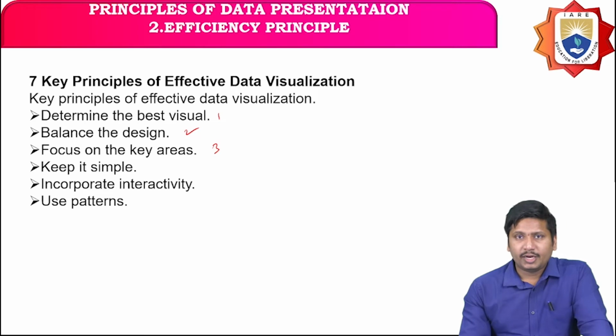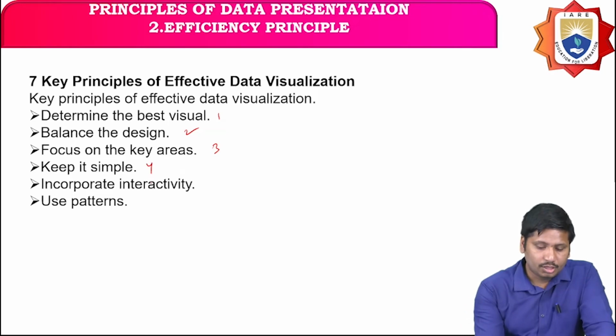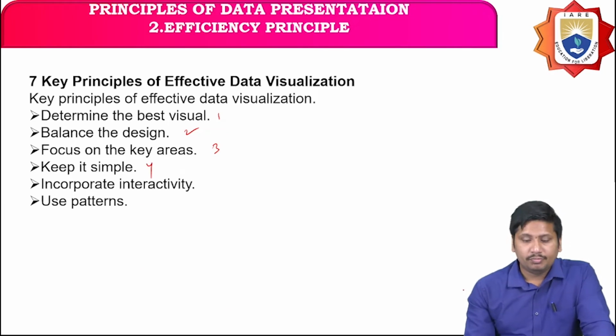The data we get from primary or secondary sources may be huge in volume, and unrelated data or missing data may also come. So try to focus on the key areas, and according to the application, extract that kind of data.